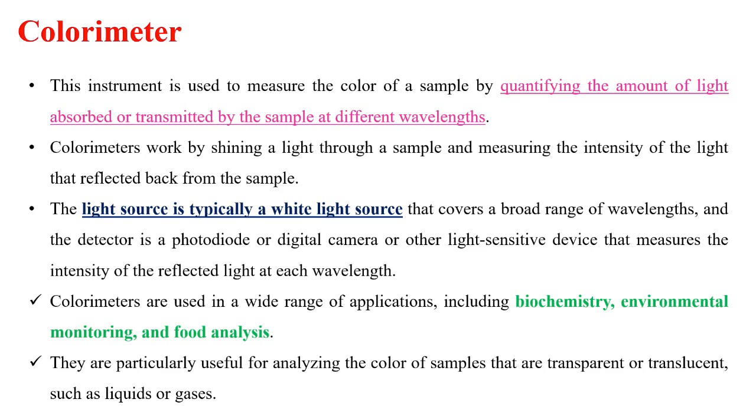So basically three components: one detector, then your sample, and your source. The source radiates the light, it falls on the sample and is reflected back to the detector, and that will be detected and you will get the wavelength information as well as your color information. If you are going for the transmission type, the arrangement of the detector and the source will be different from the reflected type.